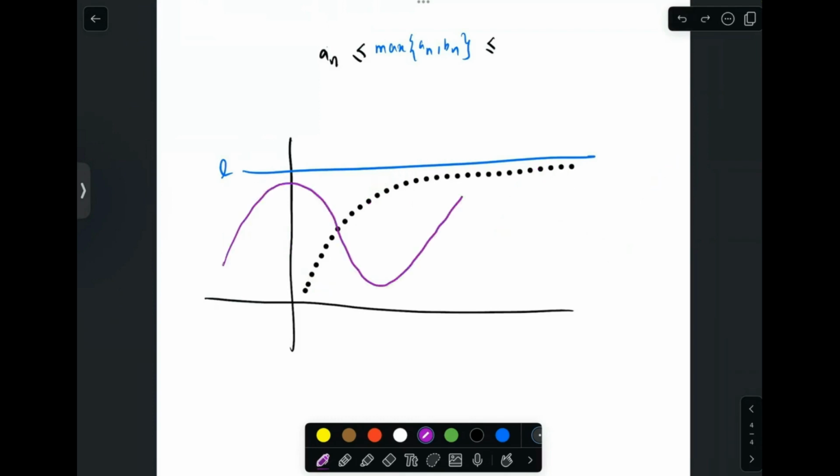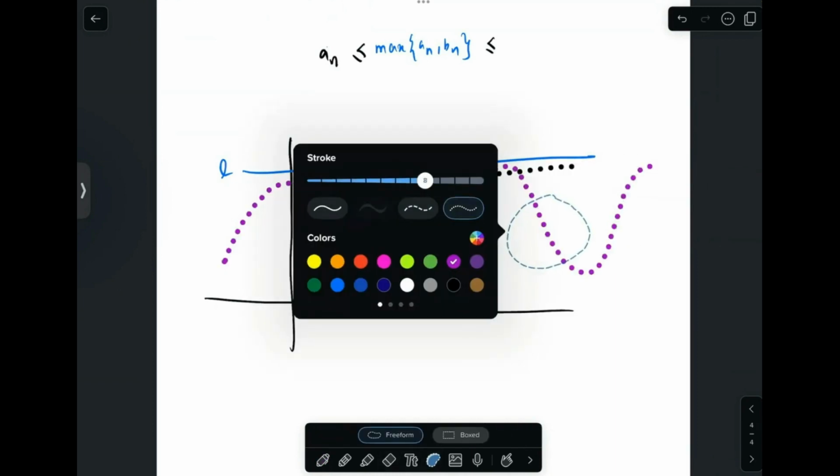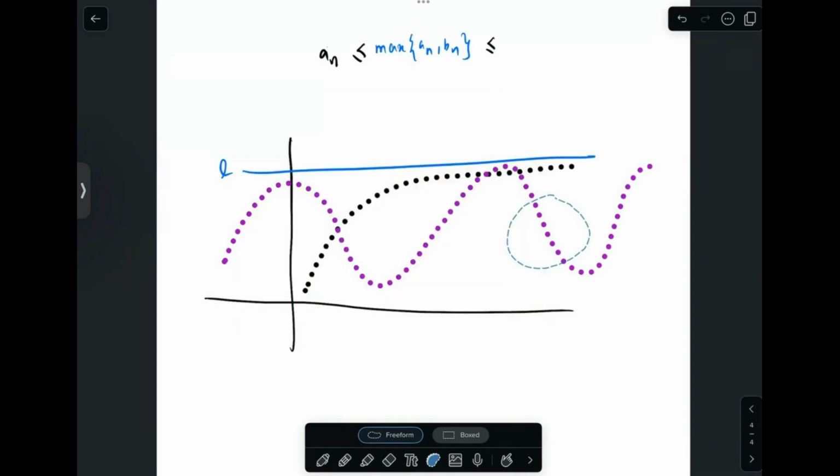You do not know how it is. So you take this style like this. Now the question is asking, at each of these points you will get another sequence cn, right? If you define this new sequence, you can see that at all of these points bn is larger.